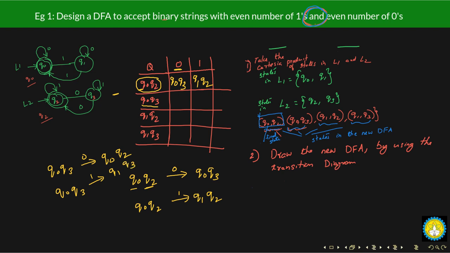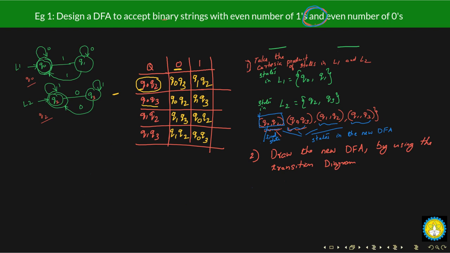So Q0, Q3 on 1 goes to Q1, Q3. Similarly, let me fill all the other fields.